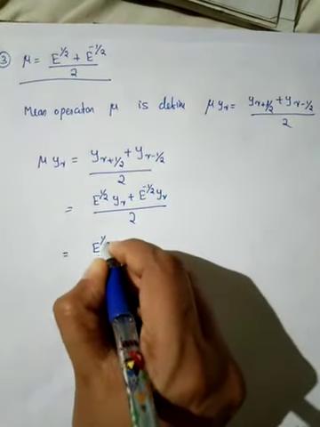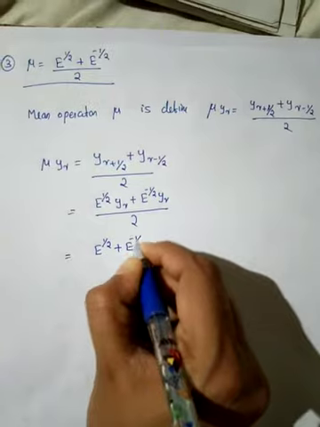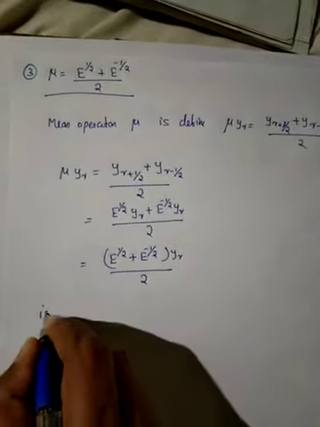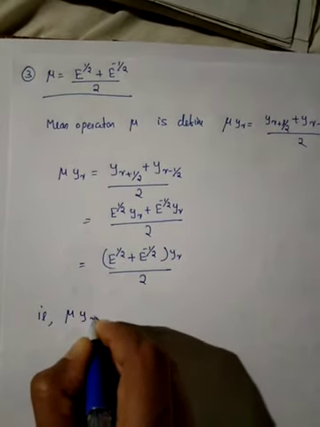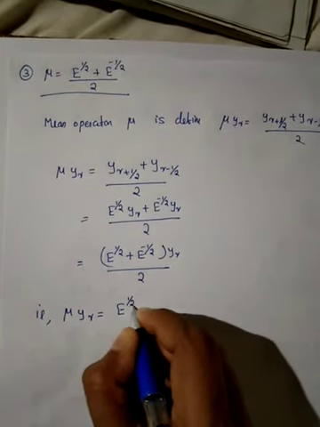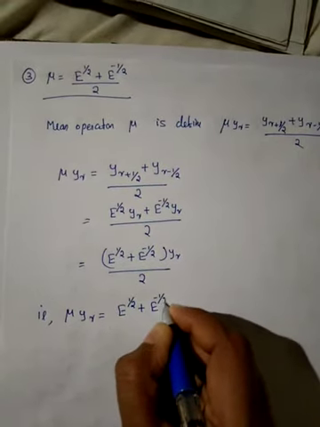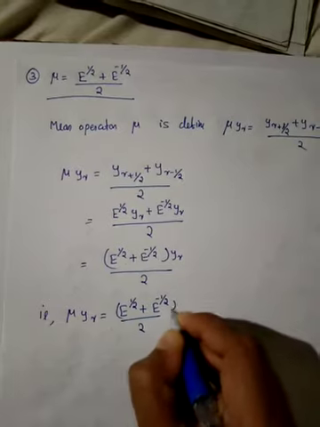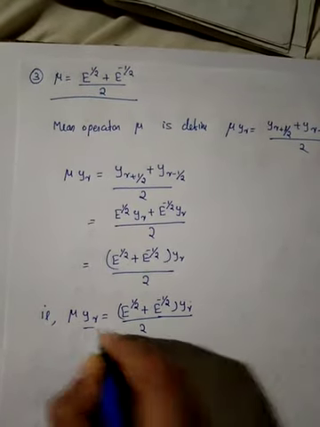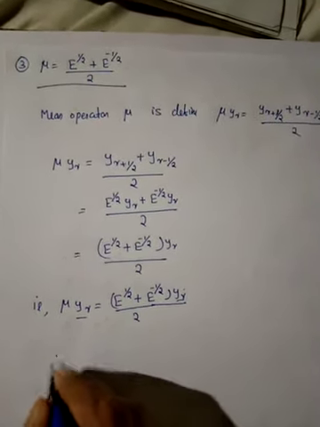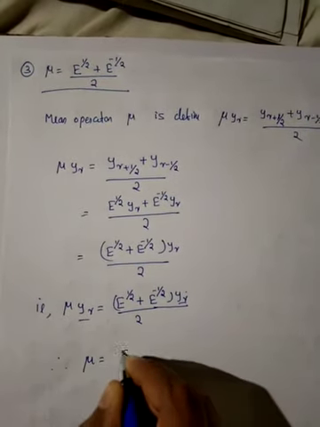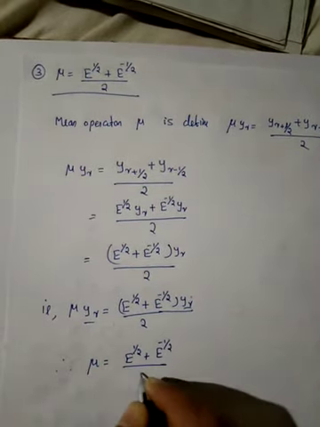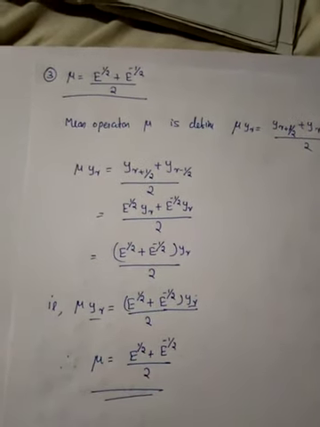So, μ e^(rh) equals (e^(1/2) + e^(-1/2)) e^(rh)/2. Yr is common, so it's cancelled. Therefore, μ equals (e^(1/2) + e^(-1/2))/2. Hence the result.